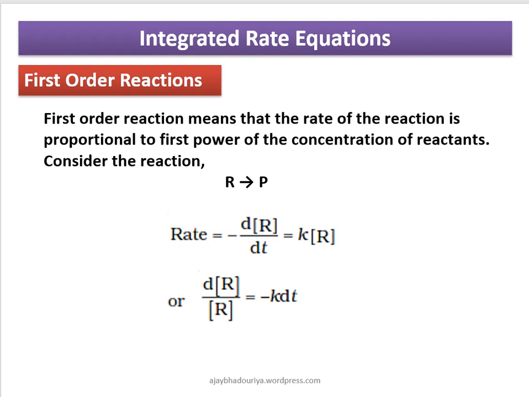So the rate of the reaction will be equal to the change in concentration of R, the reactant, divided by time, that is dR upon dt, and we use the minus sign because it is for the reactant.